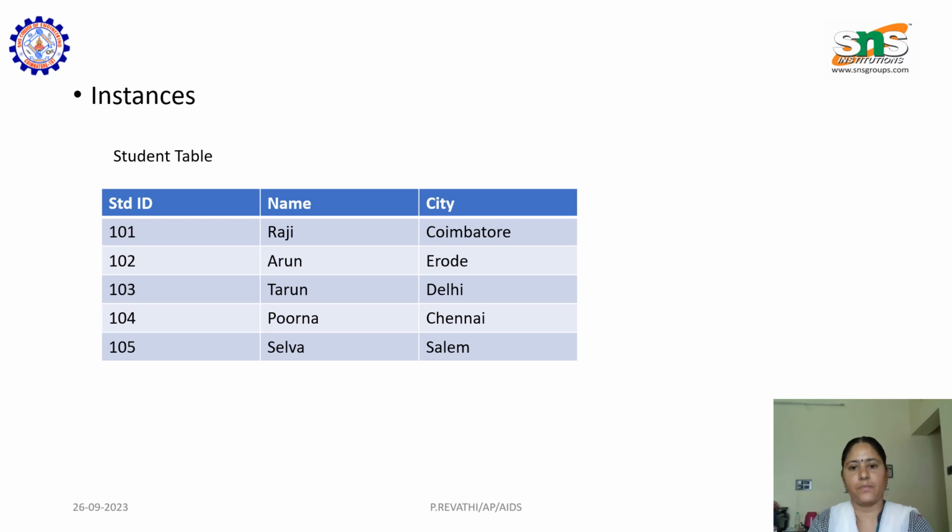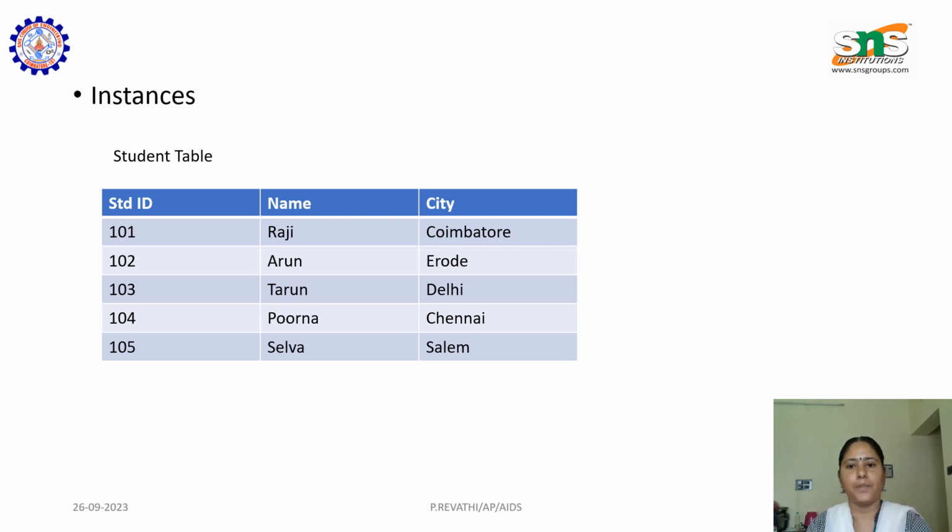Instances. The actual content of the database at a particular point in time is called an instance. The database schema defines the variable declarations in tables that belong to a particular database. The value of these variables at a moment of time is called an instance of that database.